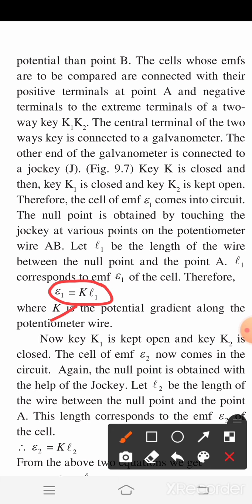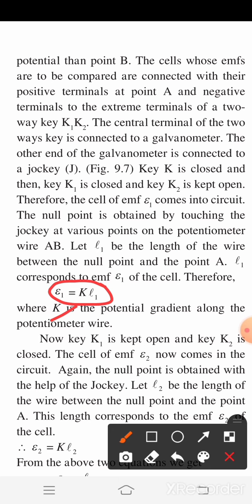In the second part, we keep K1 open and close the keys K2 as well as K. Then the cell of EMF E2 comes in the circuit and the cell of EMF E1 goes out of the circuit.